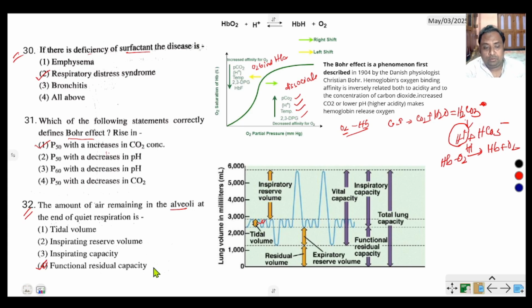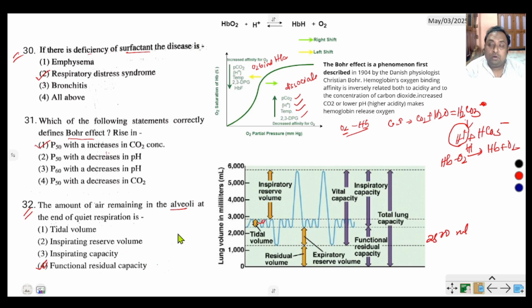Functional residual volume is the minimum amount of air present in the alveoli to maintain proper alveolar function and structure, that is about 2500 ml. Inspiratory capacity means tidal volume plus air taken in forcefully.